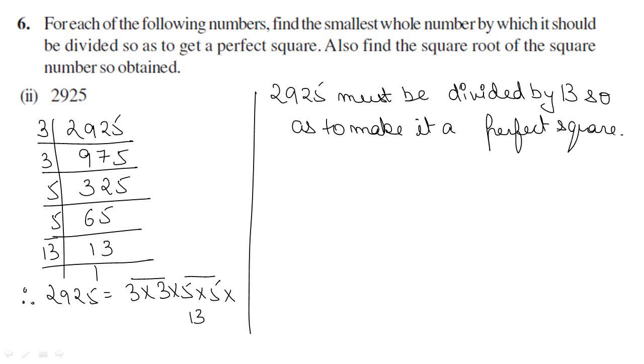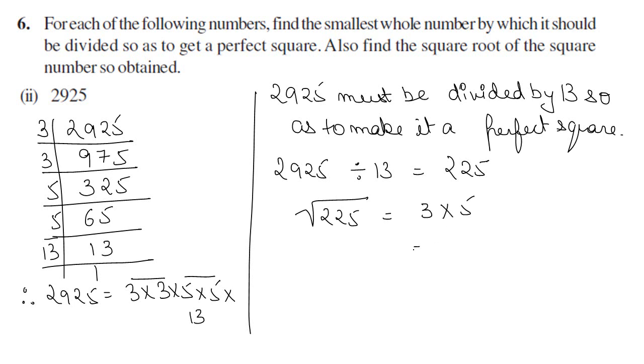So now we have to divide 2925 by 13 and we will be getting what? If we remove 13 here, what is left? 3 3s are 9, 9 into 25, and 9 into 25 is 225, right? Now you have to find out the square root of 225, which will be 3 into 5, 15.